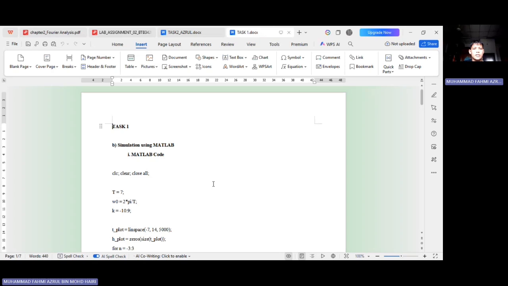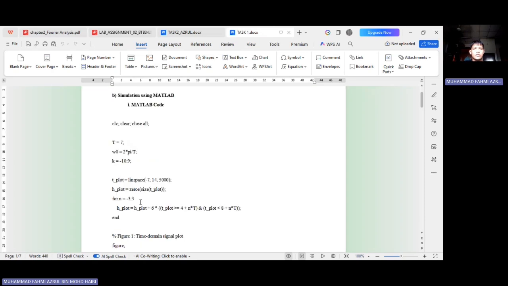To begin, we establish the period and define the signal, where T equals 7 seconds, omega 0 equals 2 pi over T, and K equals 10 to 9 specifies the harmonic range.